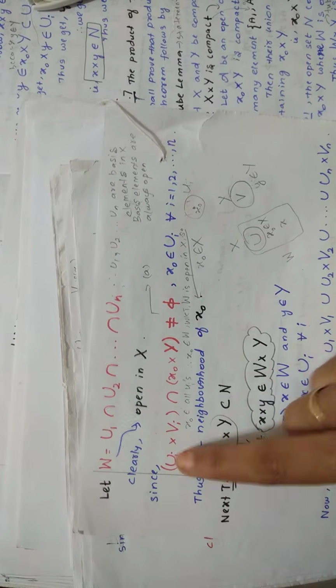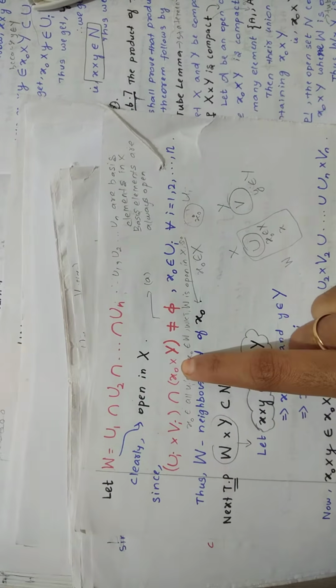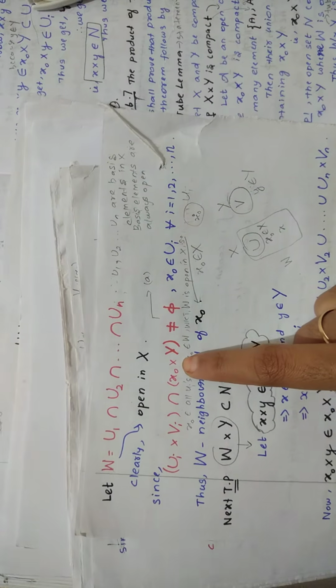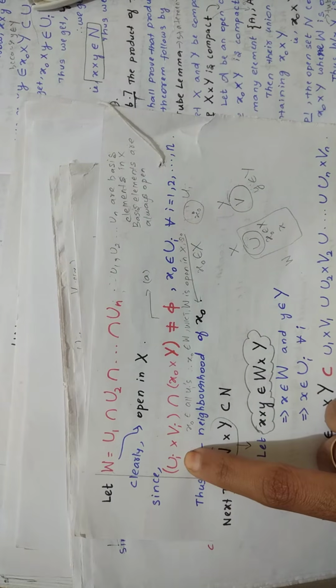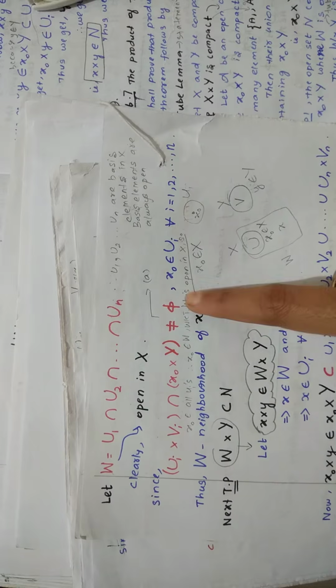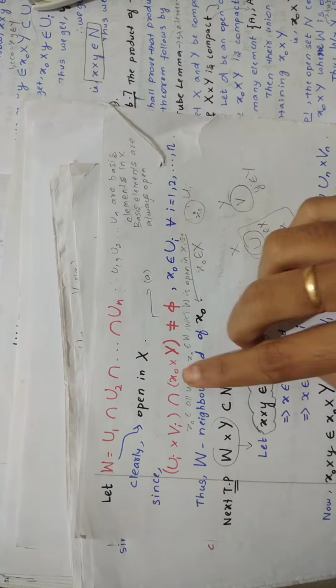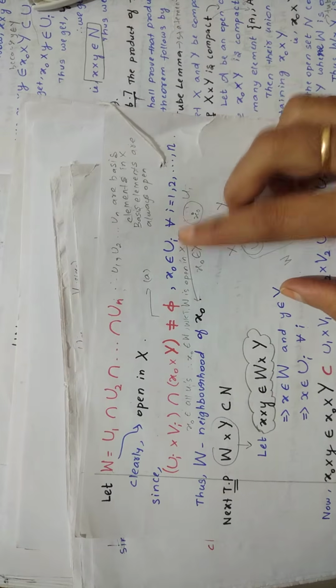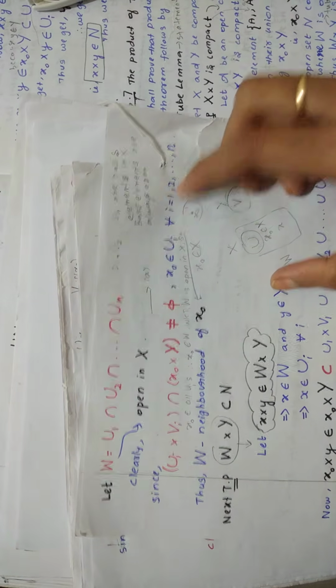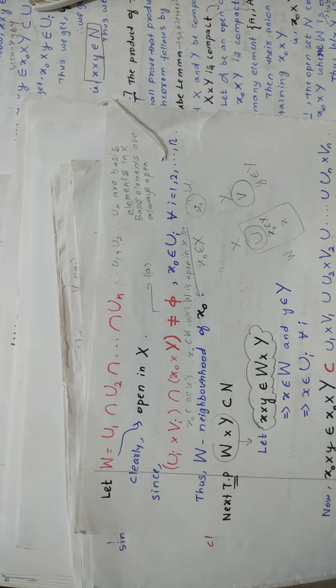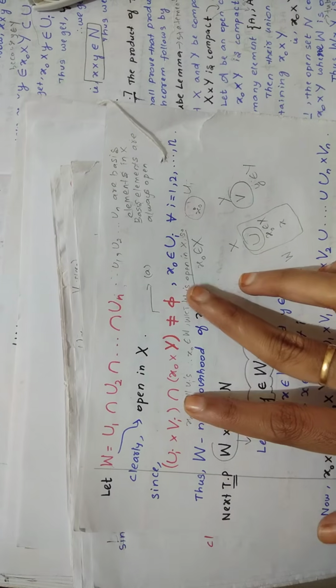ui cross vi intersection the slice and the basis elements is not equal to empty. Okay, and here x naught belongs to ui for all i equal to 1, 2, 3, etc. n. How you are saying this?